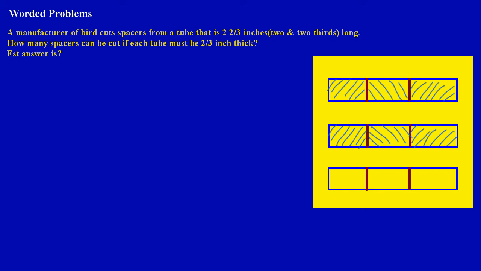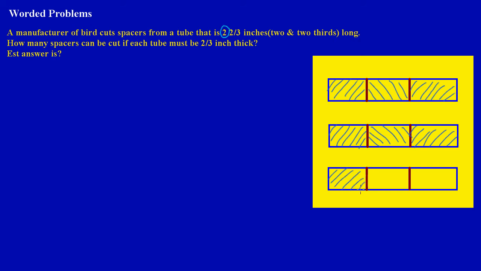Let me just circle it in another color. What this 2 means is that I have 2 full tubes, so I have shaded 2 full lengths. Now I'll have to shade 2 parts out of 3 in the third tube. So that's what I'm going to do now. I'm just simply going to shade only 2 parts of the third tube.